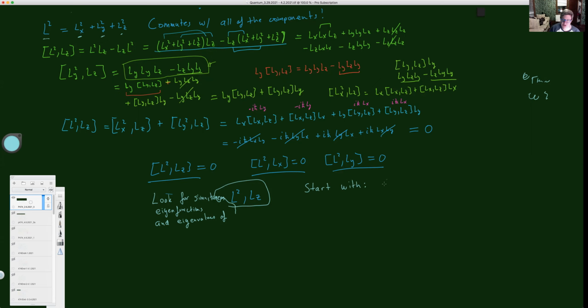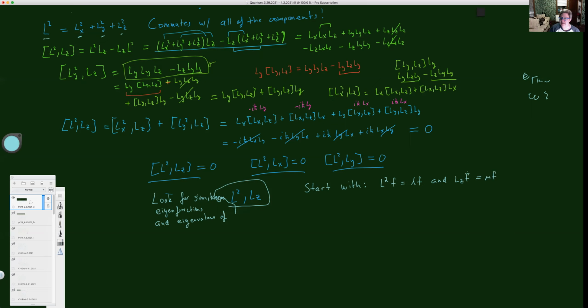So we're going to look for simultaneous eigenfunctions, which means L squared f is equal to some eigenvalue lambda times f, and these are the eigenfunctions f, and Lz acting on f is equal to mu f.